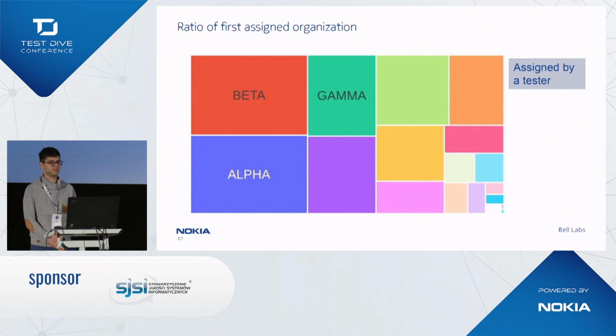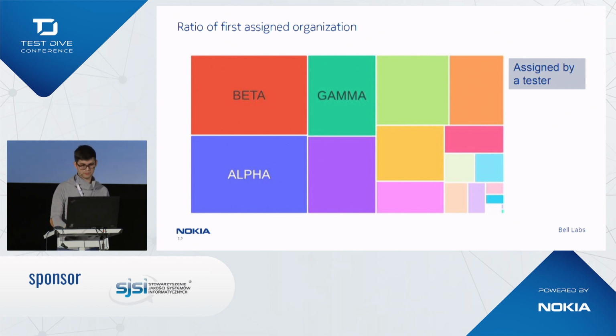Here we can see a very similar plot as on the first few slides. Here the plot is combined from the tickets by the assignments. So when the tester assigned a ticket to an entry group, then we can see here which organization is assigned the most, and it's not surprising that the first three biggest organizations are also here.